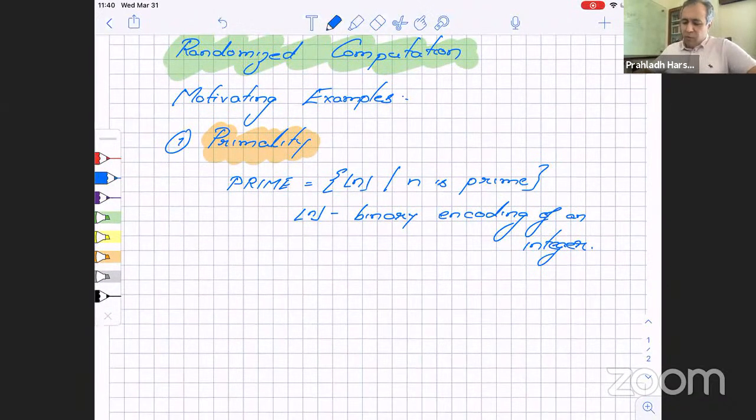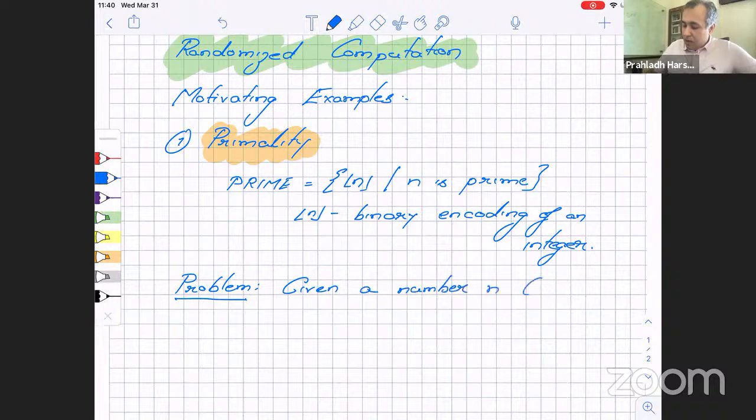This is possibly one of the most classic problems. The problem which we care about now is: given a number n in binary, determine if it is prime or composite.